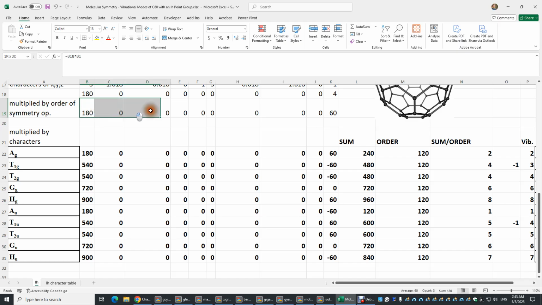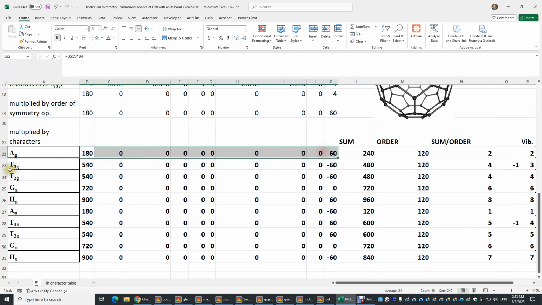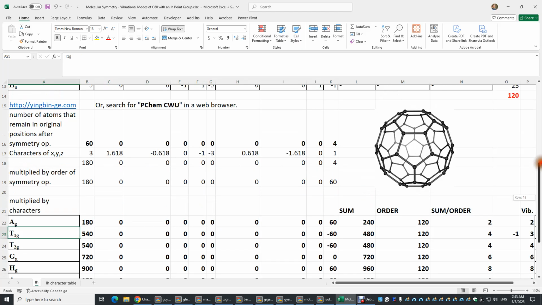And now we have these 10 numbers, only 2 non-zero numbers. We multiply these 10 numbers with the characters in each row of each irreducible representation. For A sub g, the characters are 1 1 1 1 1 1 1 1 1 1, so we got those numbers.